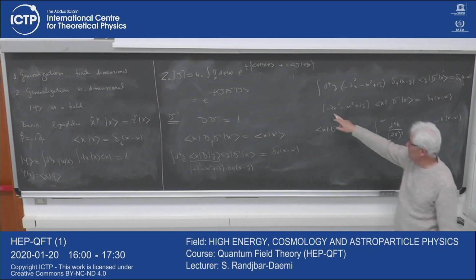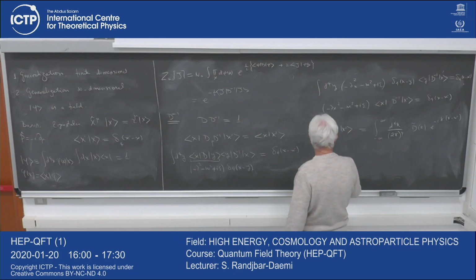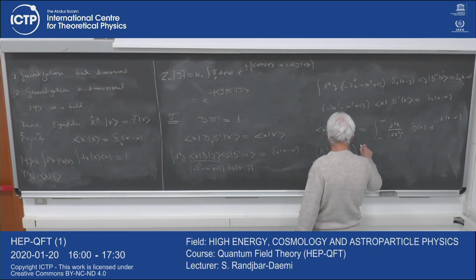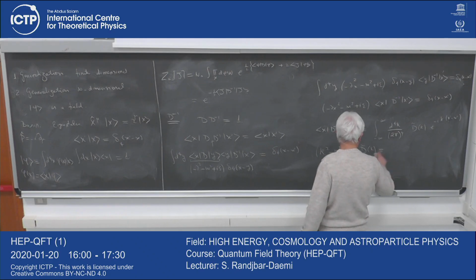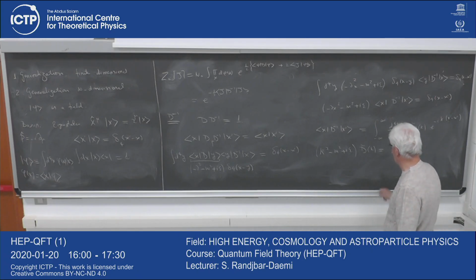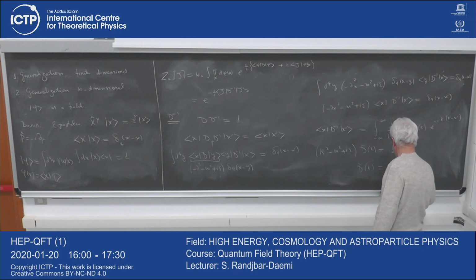There is a minus sign here, it will become plus k squared, and then the rest is trivial. K squared minus m squared plus i epsilon times d to the k becomes, if you do the Fourier transform of this, what do you get? The Fourier transform of delta 4? 1. So d to the k is 1 over k squared minus m squared plus i epsilon.